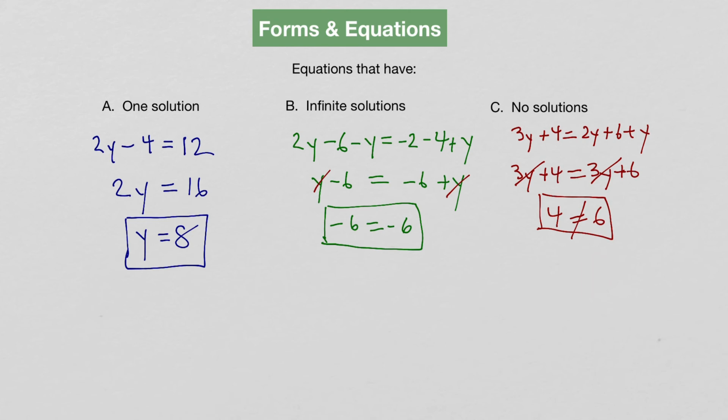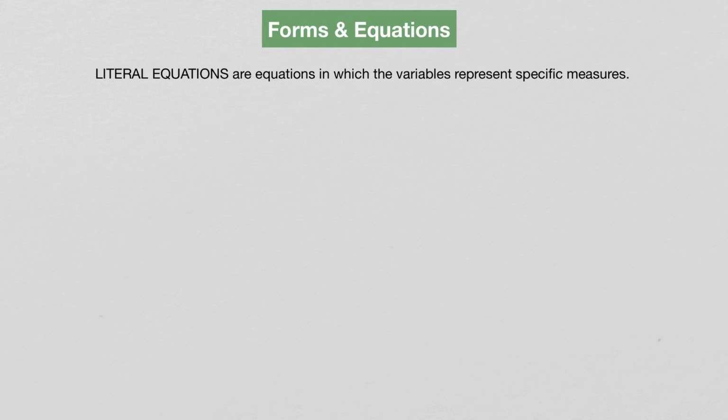Okay, so let's move on to the last topic, which is literal equations. To define literal equations, these are equations in which the variables represent specific measures. An example of this is the formula for the degrees in Fahrenheit and degrees in Celsius.